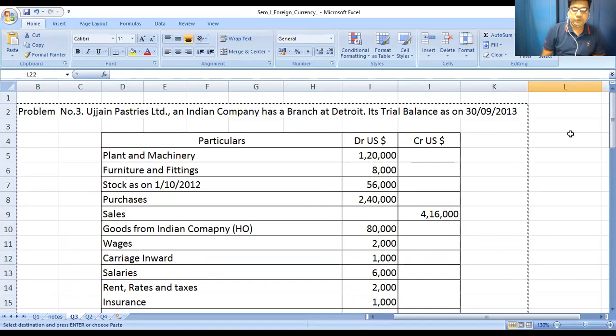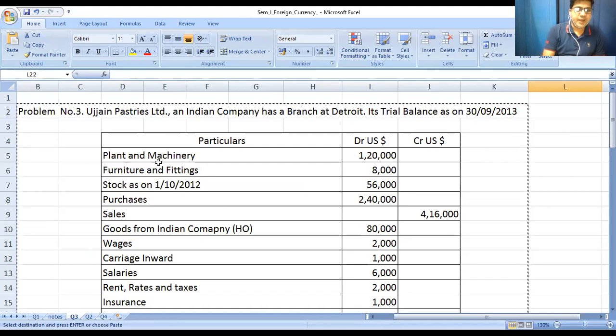Now, before we start this problem, which rate do we apply, whether it is the opening rate, closing rate, average rate, or some separate rate? Fixed assets have their own separate rate. We have to understand that first.